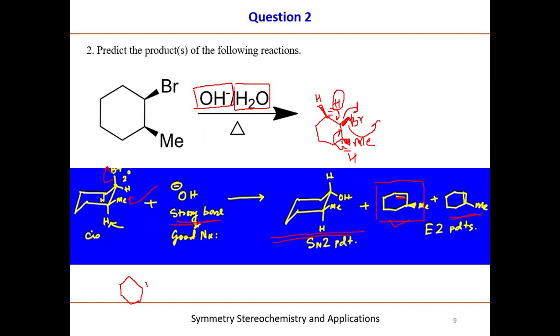So carbocation formation takes place here.